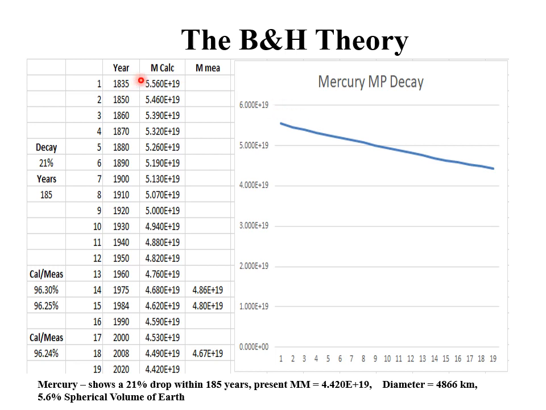Here we have the magnetic moment calculated from 1835, and here we have actual measurements along that timeline, which are 96% accurate, greater than 96%. Anything greater than 95 is good science. So first off, we have our control, which is the Earth, and we're going to see that diagram and compare it to the calculated and compare to the measured. So that's our control. It's 100% accurate 100% of the time.